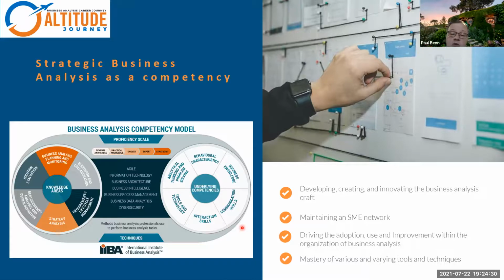It's a tool that helps you get more skilled and competent in your business analysis craft. But just to be clear, when we talk about strategist, this is not a strategic business analyst. Strategist is just a level of proficiency. But I think it's a useful takeaway when we're talking about the pathway to strategic business analysis.